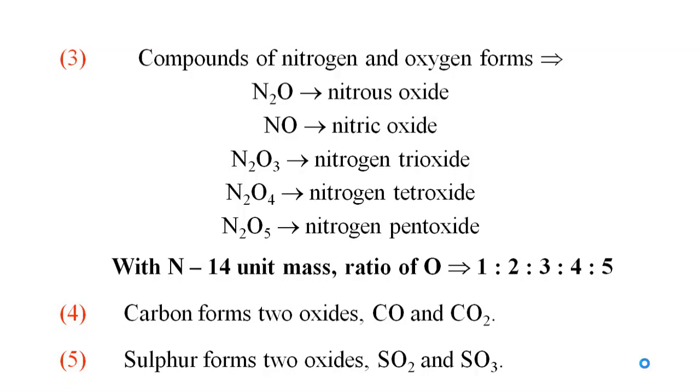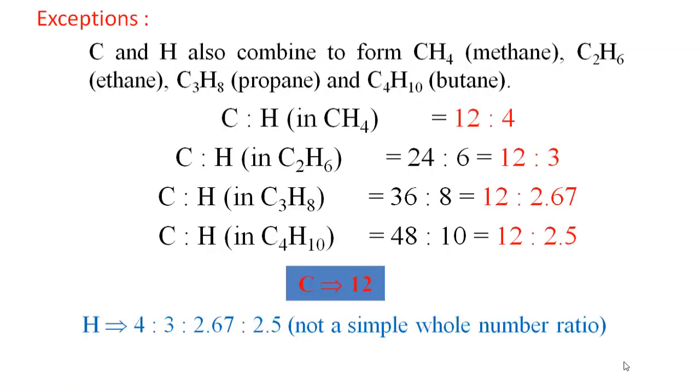Now we will study the limitations of this law. Carbon combines with hydrogen to form simple alkanes, namely methane CH4, ethane C2H6, propane C3H8, and butane C4H10. The ratios are given in the sheet.